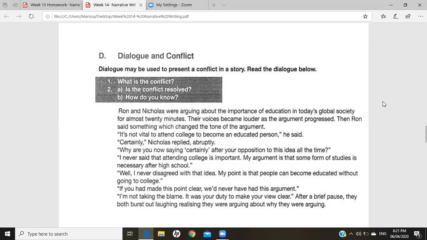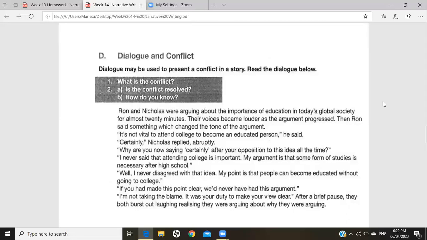They're arguing about the importance of education. But what about the importance of education are they arguing specifically about? They both had different viewpoints about what? Going to college. About going to college, good. One was saying that going to college is not important.